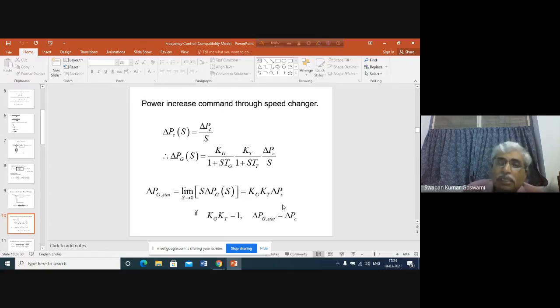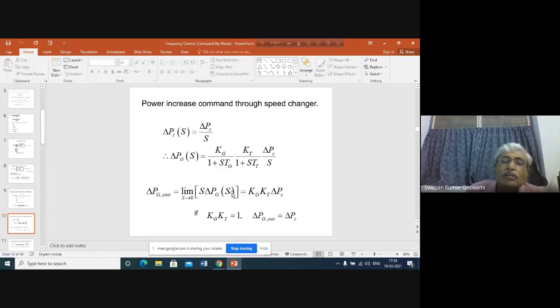Obviously, you have given a power increase command of 20 megawatt, so you should expect that the change in the power output also will be 20 megawatt. So in that case, what should be the value of Kg Kt? You have to adjust this value such that the Kg Kt product becomes equal to 1.